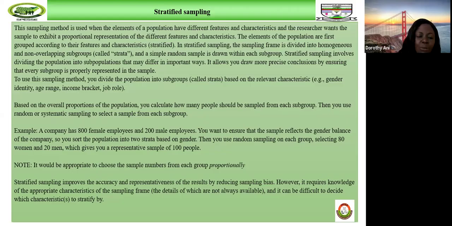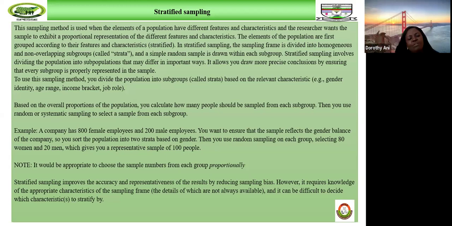And another thing I want to point out here is that you select the sample based on the population of each of the strata. Now here you are seeing that they have 800 female and 200 male.